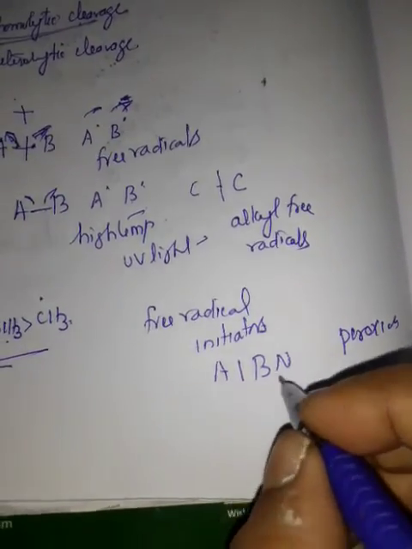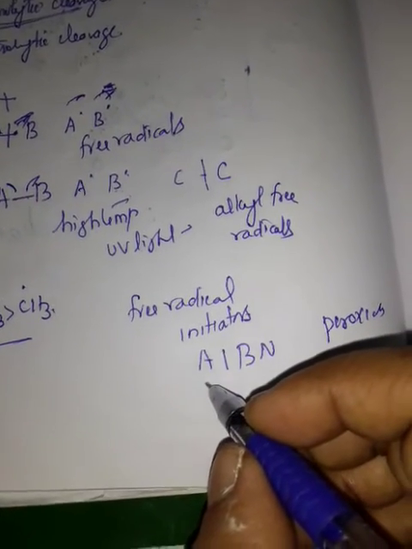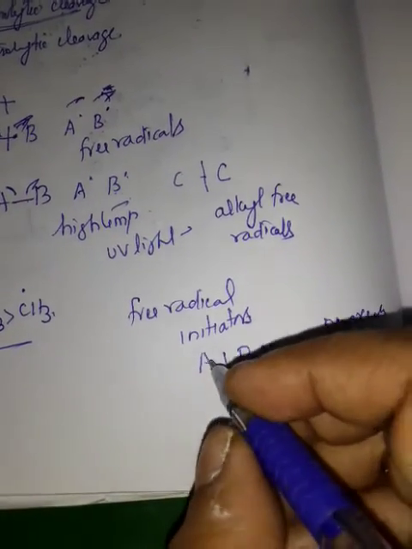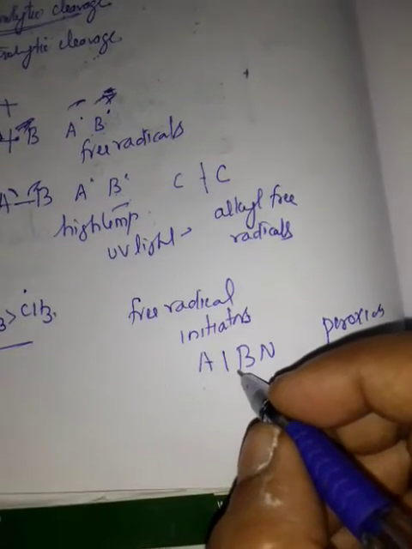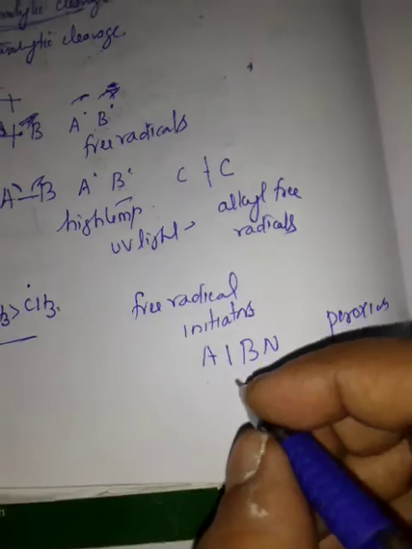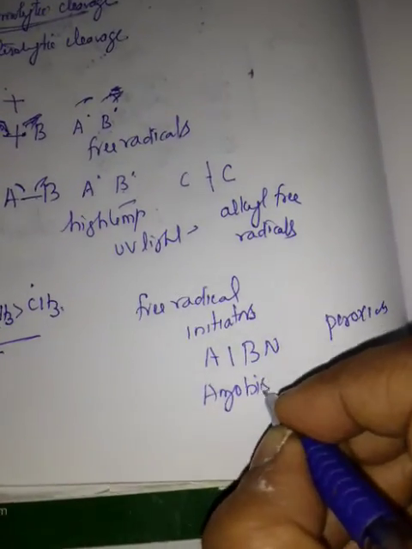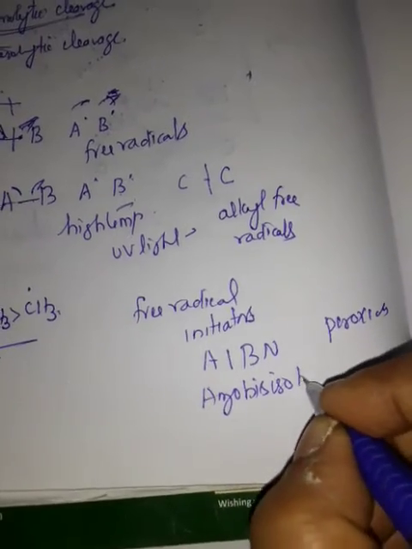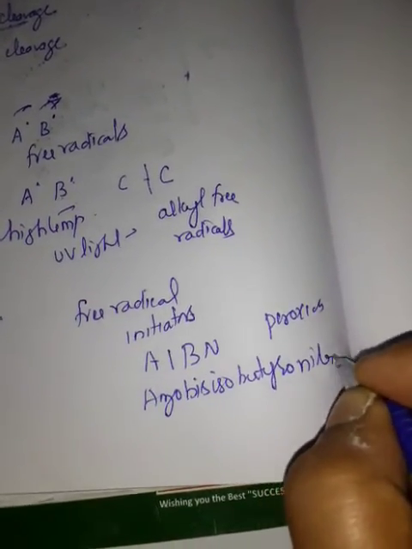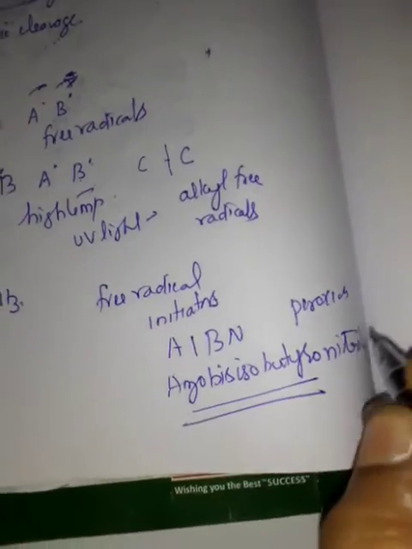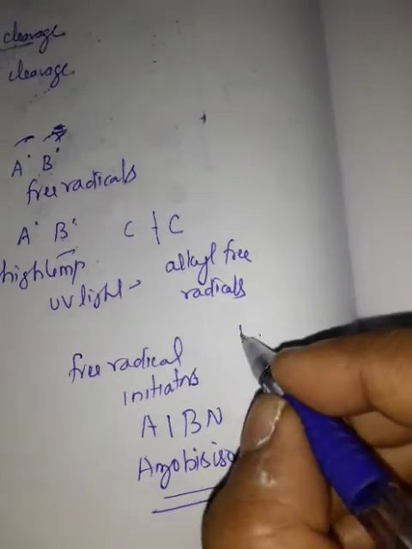What is AIBN? Azobisisobutyronitrile. And peroxides like benzoyl peroxide.